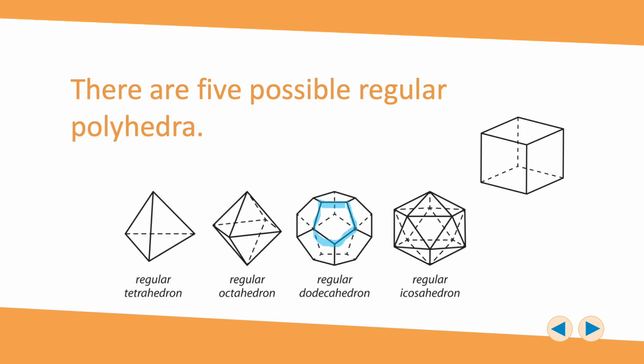That is a regular pentagon. And the icosahedron uses the regular triangle again. Oh, and I almost forgot this guy. This is the one that we all know, right? Okay, that's our cube. That is also called the regular hexahedron because it has 6 sides.